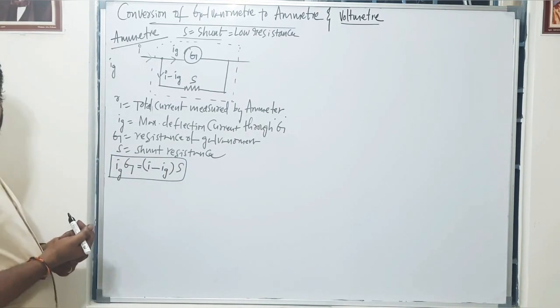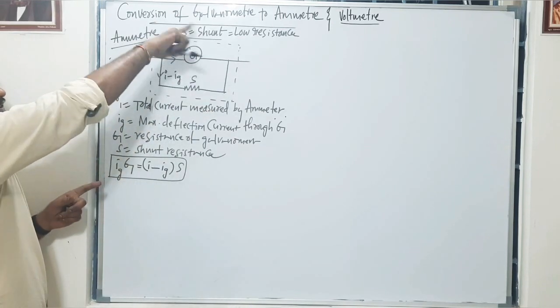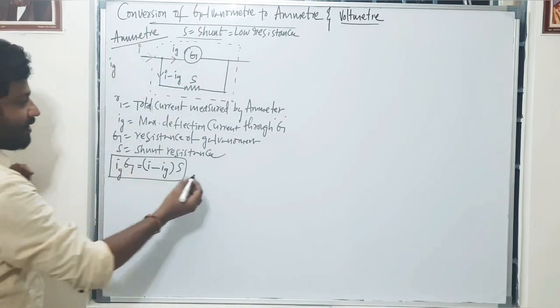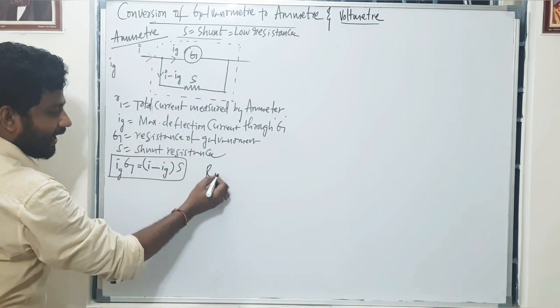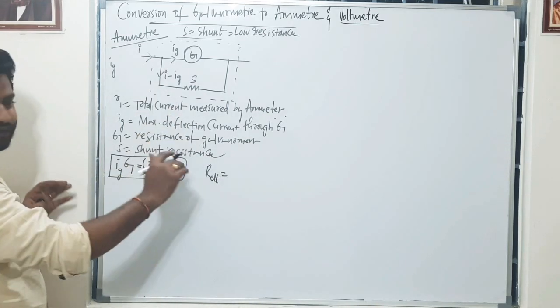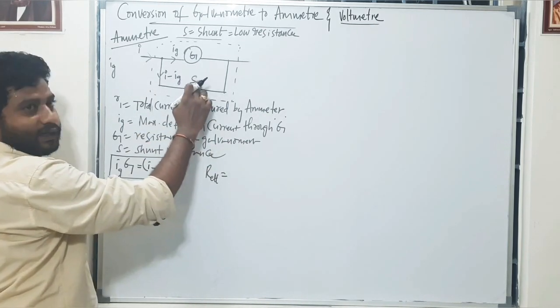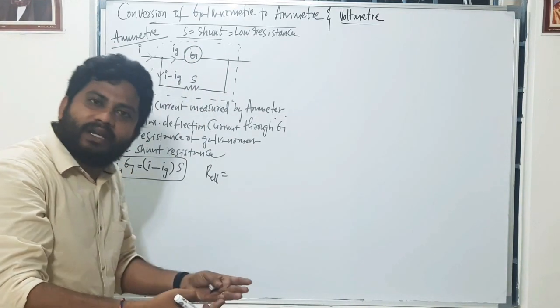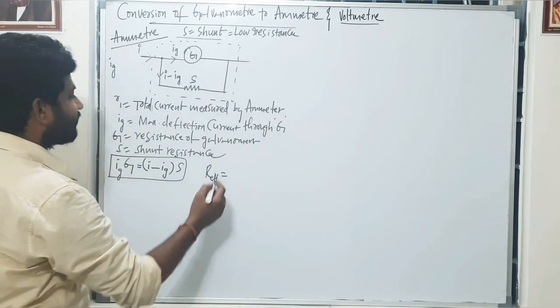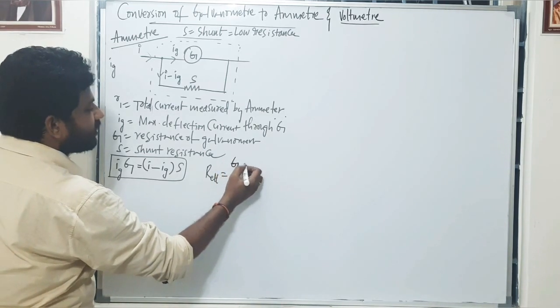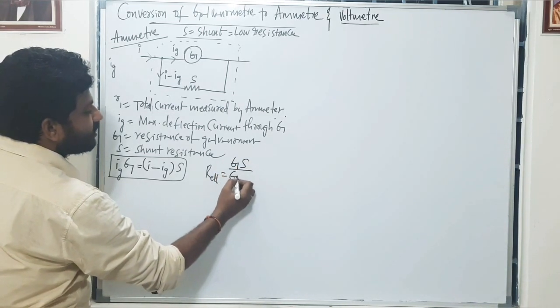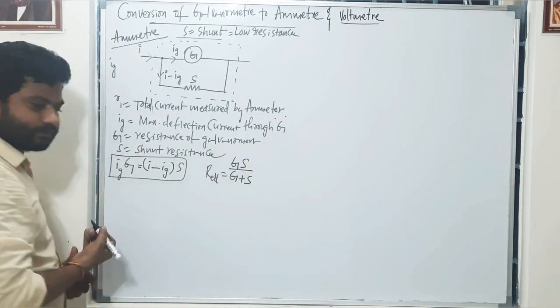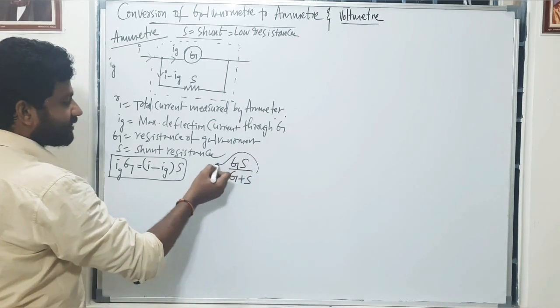And another equation: what is the net resistance of this ammeter? The effective resistance of this combination, R1 into R2 by R1 plus R2, that's a parallel combination finding effective resistance. So that will be G into S by G plus S. That is the net resistance of it.